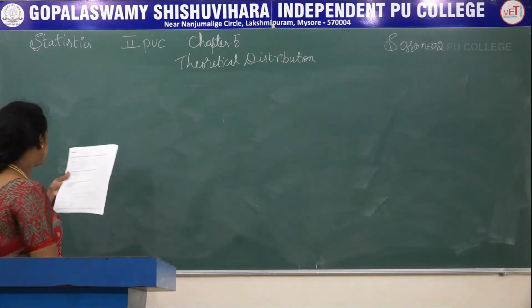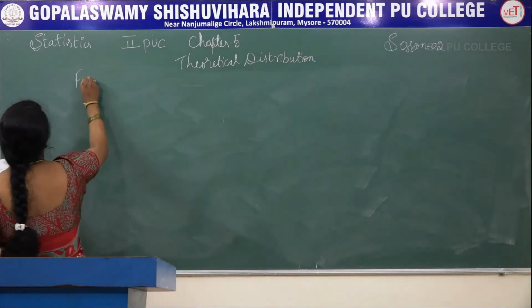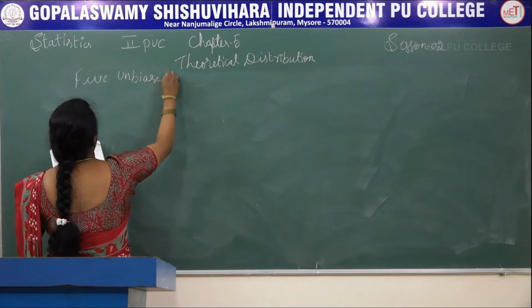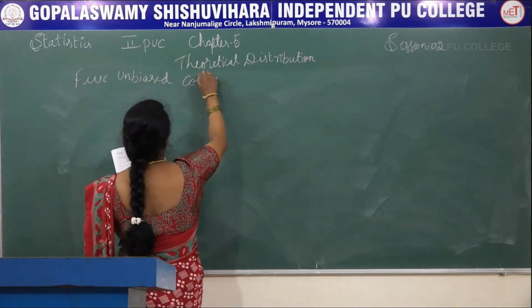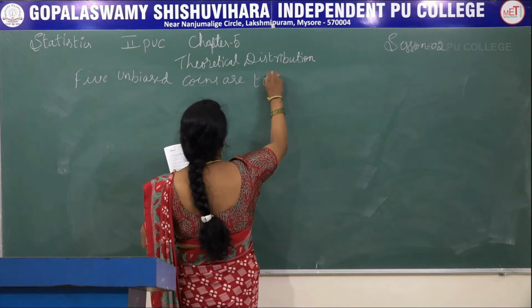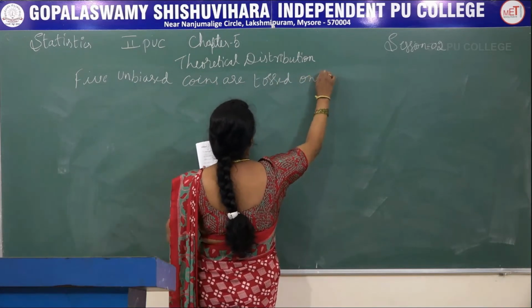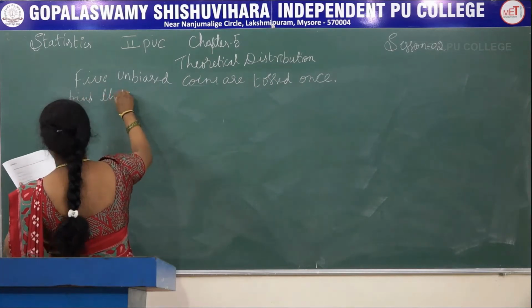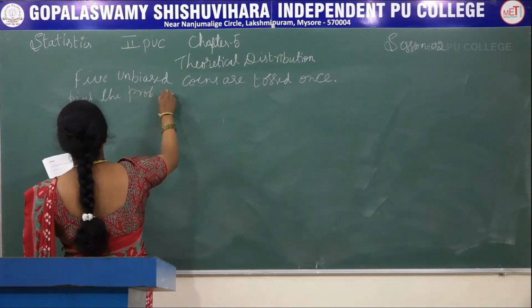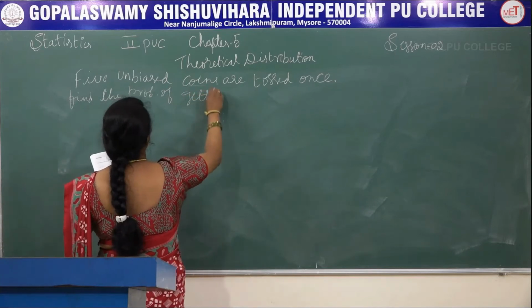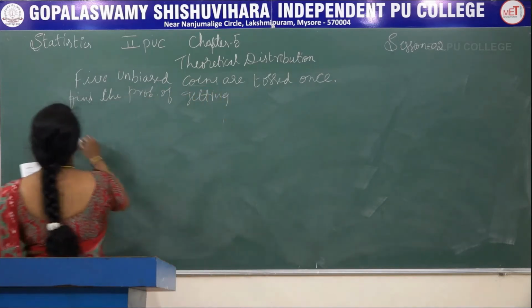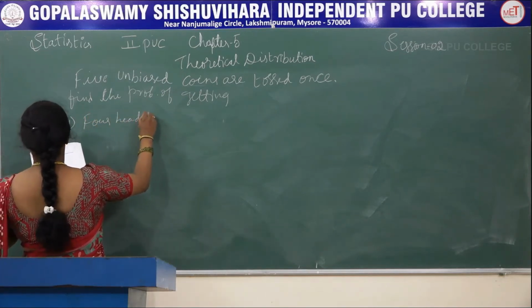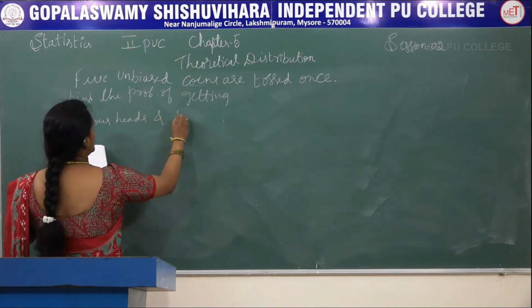Yes, next one. 5 unbiased coins are tossed once. Find the probability of getting: first, 4 heads and 1 tail.